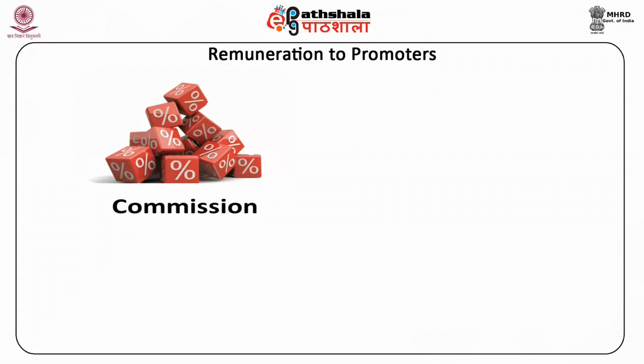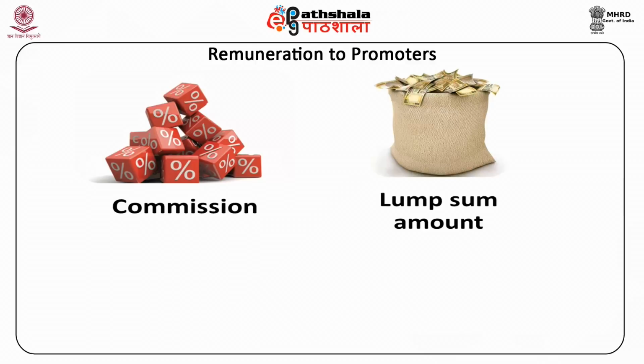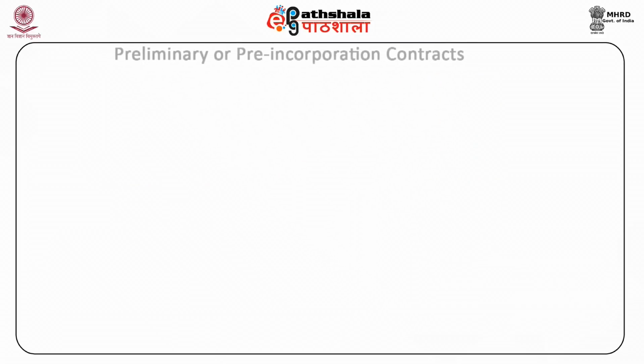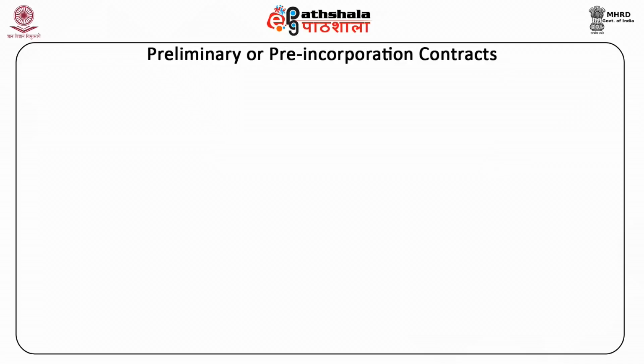He may be granted a lump sum as remuneration either in cash or in shares or debentures. The amount of remuneration payable or paid to the promoters is required to be disclosed in the prospectus issued by the company. Let us now discuss the preliminary or pre-incorporation contracts.